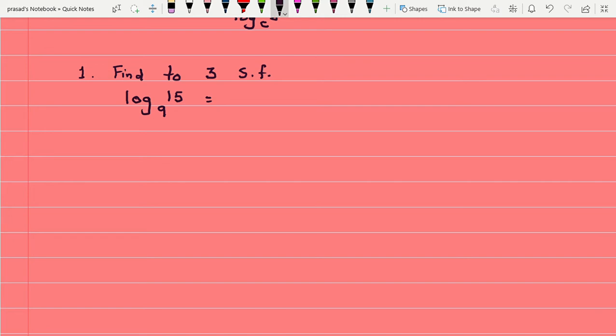One is log without any base, that will mean base 10, the standard base, and another is ln. So here I will change the base to 10, that is the standard base.